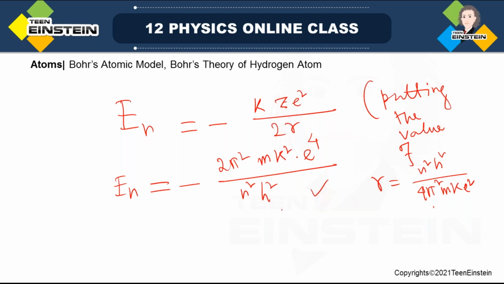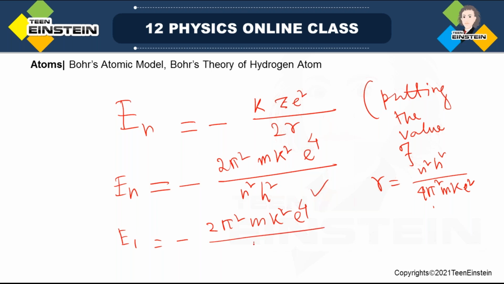In fact, there will be Z somewhere, since Z was there already. If you put Z equal to 1, then that will give you the total energy of an electron in any orbit, the nth orbit.